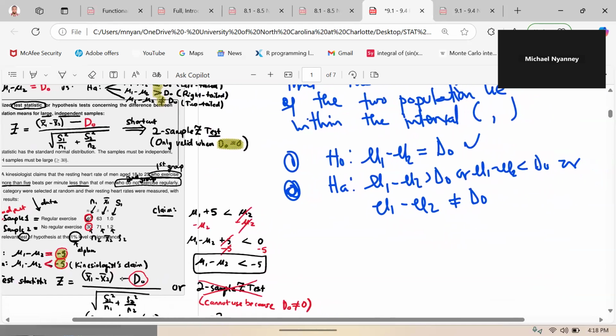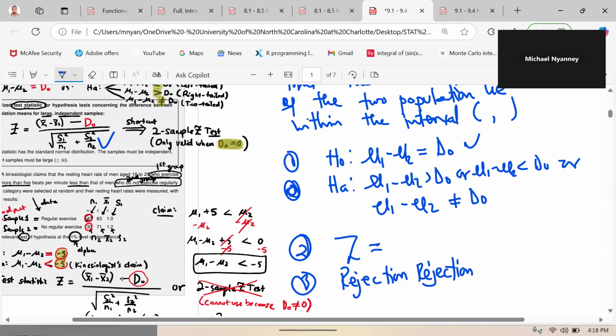Okay. And if you are done with the first one, then you find a value. That is the z test statistic. And we have the formula there. So that is the value here. Okay. You find that value. And your third is that you find your rejection region.